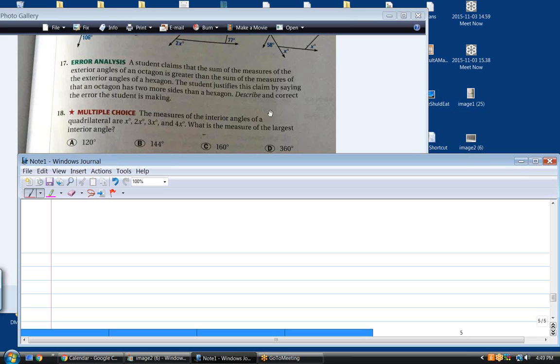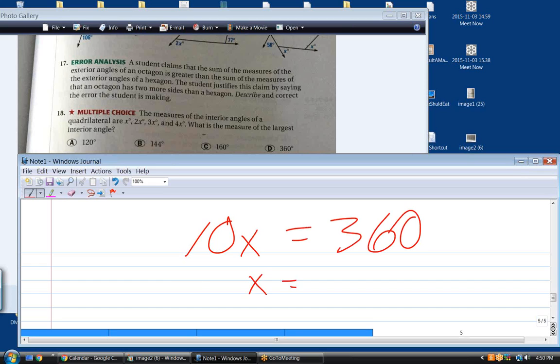First of all, what are the measure of the interior angles of a quadrilateral going to be? That would be 360. Okay. So what equation can I write? 10x equals 360.